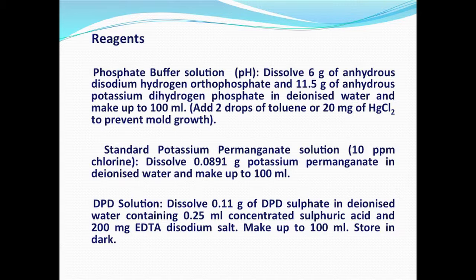Then the other things are very simple. You have to use standard potassium permanganate, and the details are given here, 0.0891 gram of potassium permanganate. You also need DPD solution, and I have given the details. To prevent interference from other metal ions, I am recommending that you use 200 milligram of EDTA while preparing the DPD solution itself.